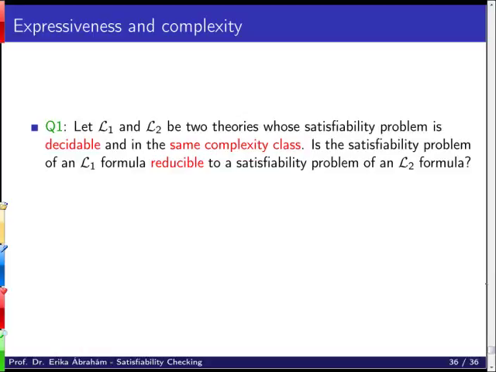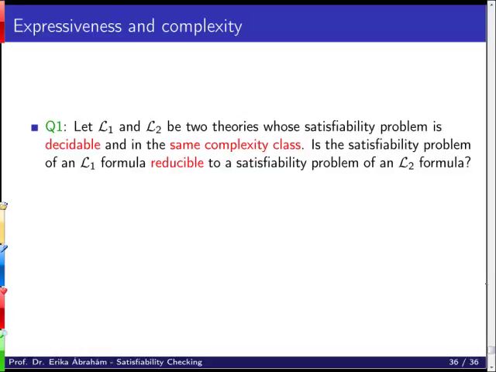The reduction should be in the complexity classes in this area. So let's say they are polynomial time solvable, in the class. And then L1 can be reduced in polynomial time to a problem L2, such that if you solve L2, then you solve L1. Then I can take formula phi 1, which is valid in L2, and formula phi 2, which is not valid in L2.